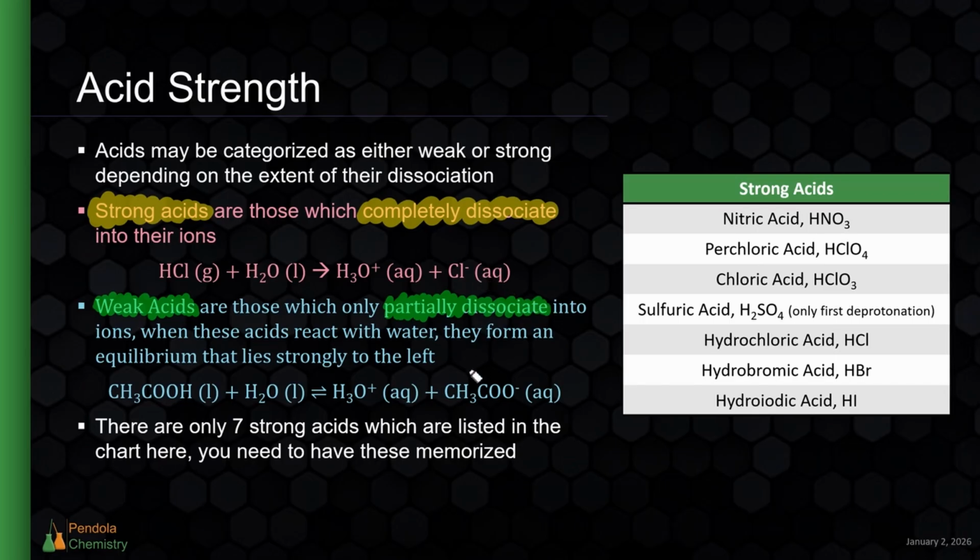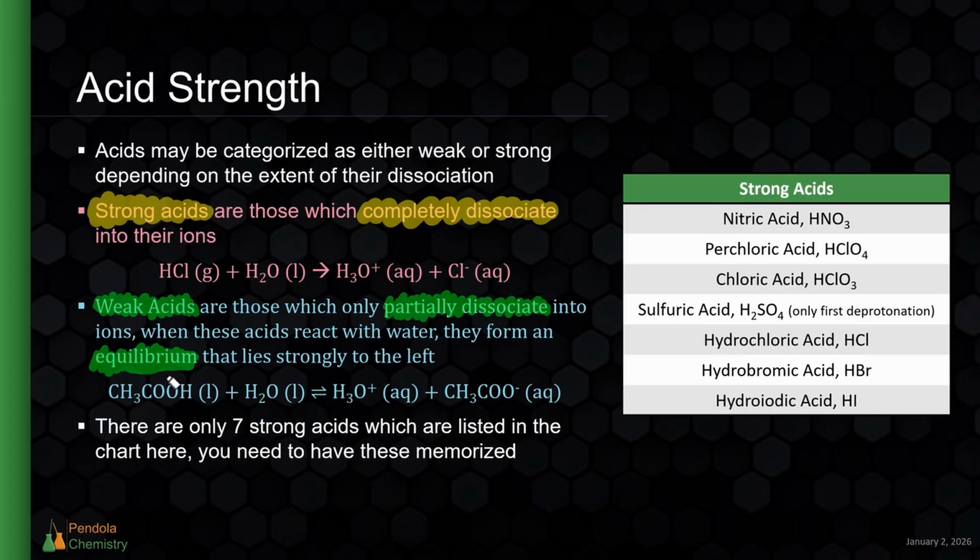So these acids react with water and form an equilibrium reaction with the water instead of a complete dissociation like hydrochloric acid. That ethanoic acid we saw earlier was a weak acid. When it's acting like an acid and reacts with water, some of those ethanoic acid molecules give the hydrogen to the water to become hydronium.